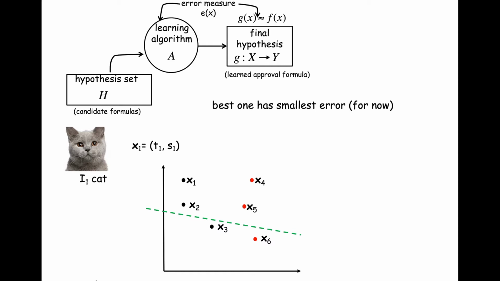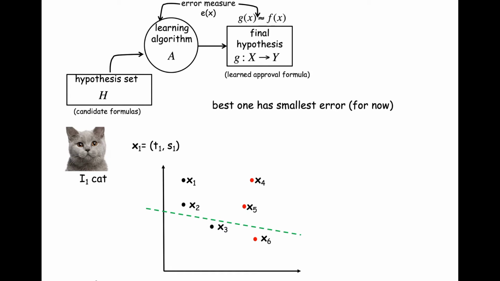And so we have in our hypothesis set a set of candidate formulas, and you make an educated guess as to the type or form that this hidden target function will take on. And now your learning algorithm's responsibility is to search through the space of hypotheses for that single hypothesis that most closely mimics the assignment of categories to feature vectors. And so this is the one that has the least error.